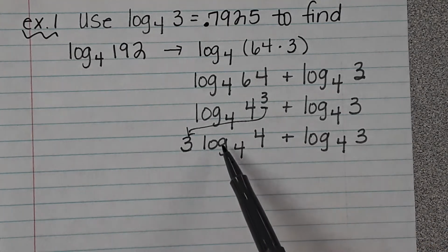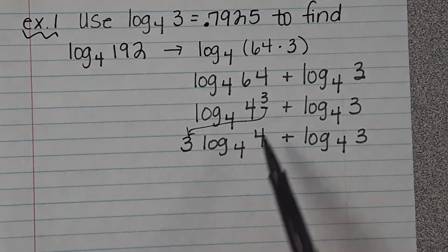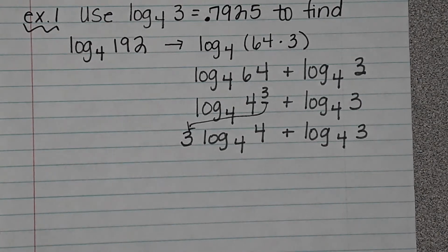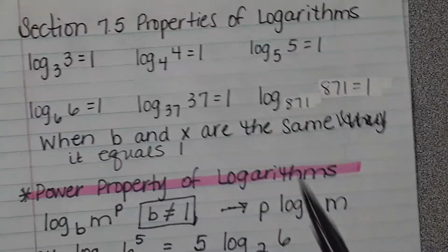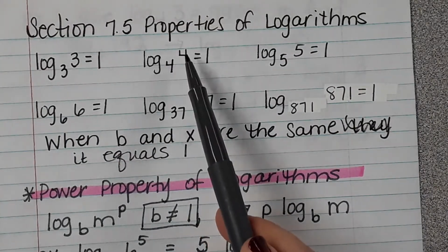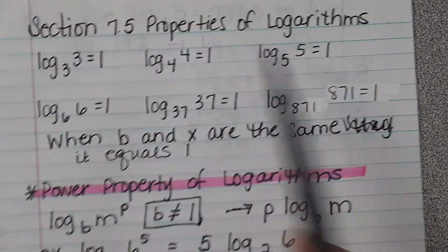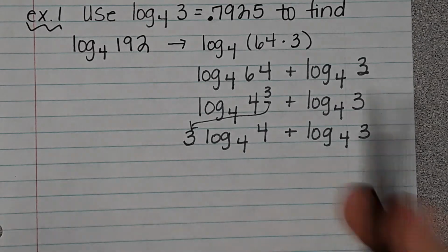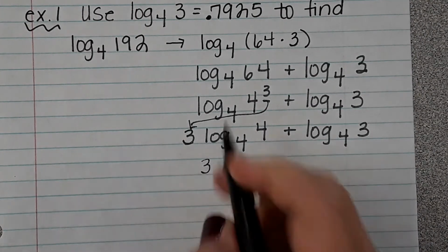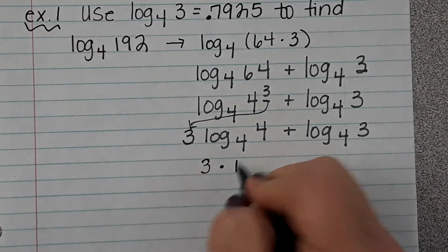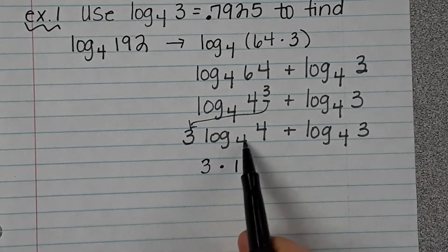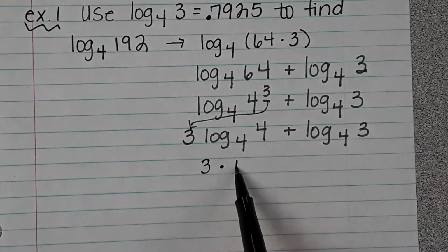What do we know about log base 4 of 4? What did we just learn about that? Log base 4 of 4 equals 1. So this becomes 3 times log base 4 of 4. Log base 4 of 4 is 1.